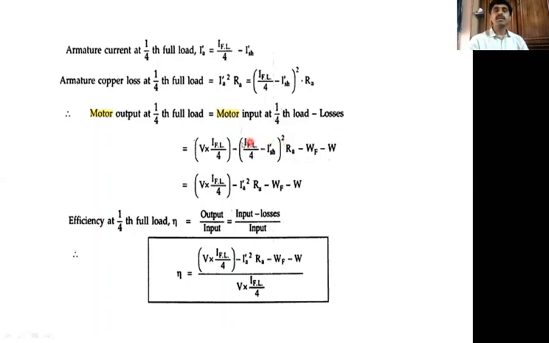So, V into IFL by 4 is the motor input, minus these copper losses, (IFL by 4 minus ISH dash) whole square into Ra, minus WF, where WF is the field copper loss, minus W, which is the stray loss.